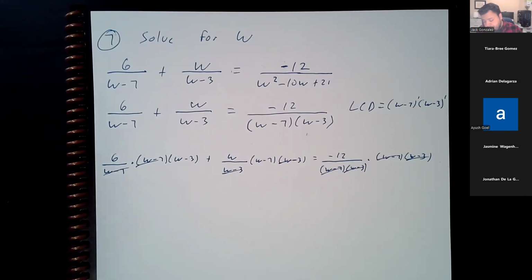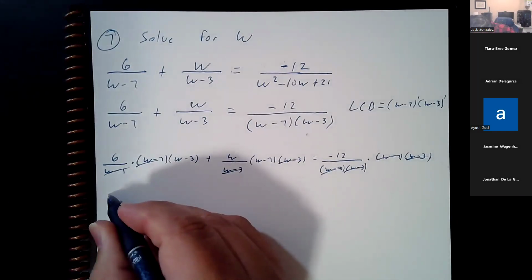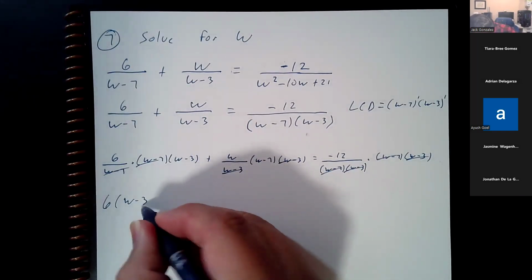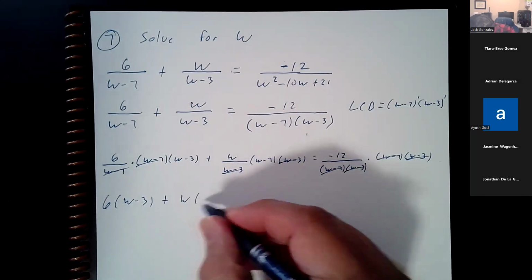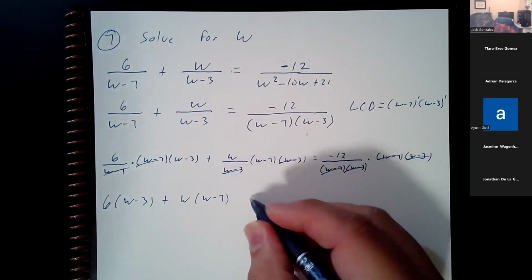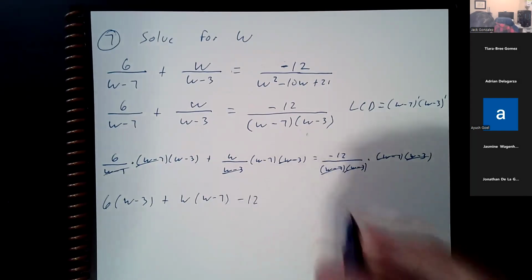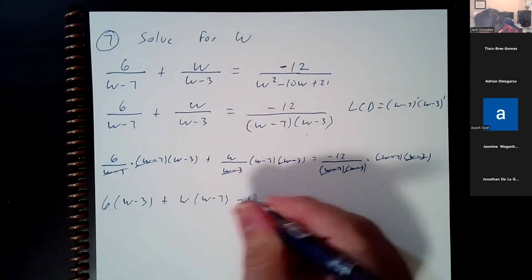All right. We end up with 6 minus 3 plus w times w minus 7 minus 12, actually, equal to negative 12.